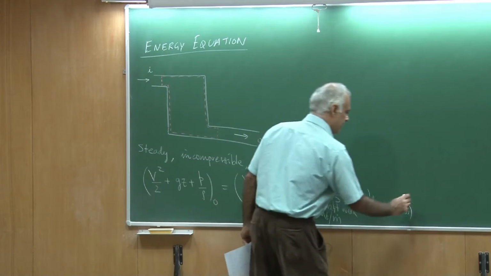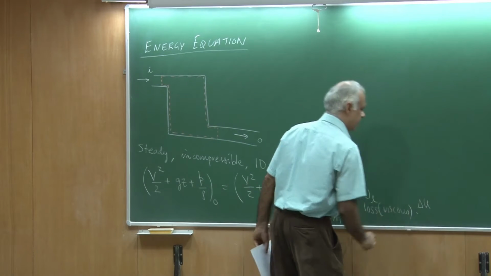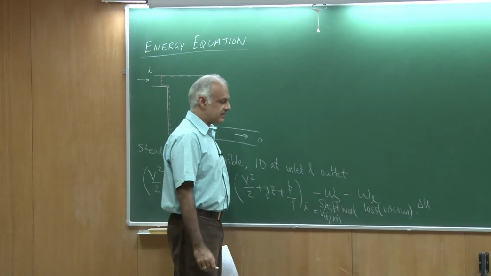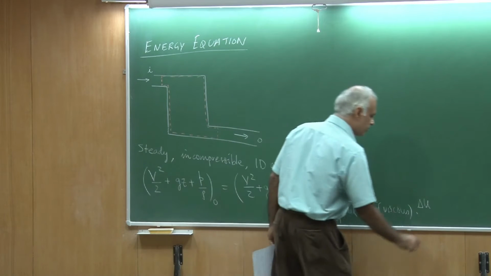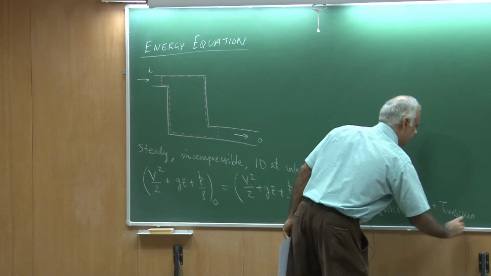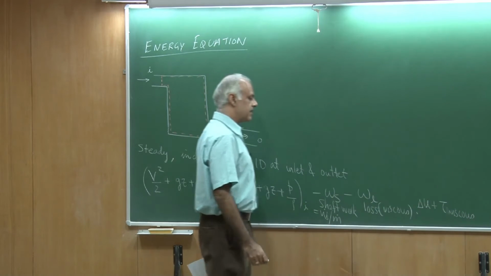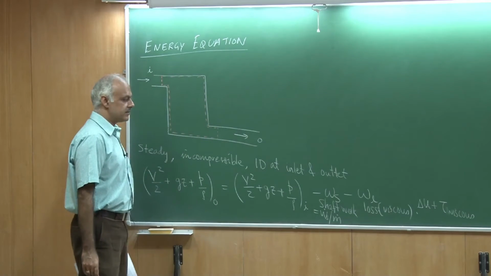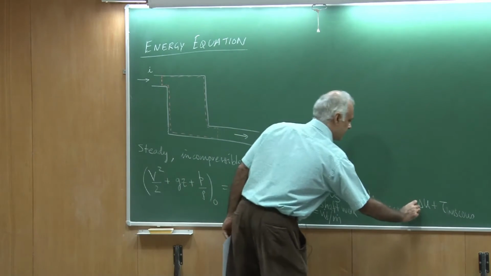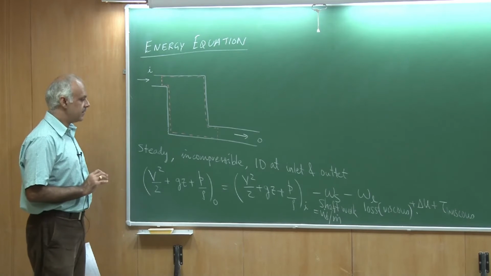It is essentially due to delta U, which is the internal energy, and then of course also due to the viscous forces, the work done due to the viscous forces. So, all those have been clubbed into the Wl. This is where we were.